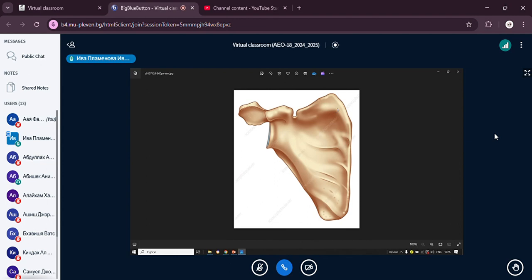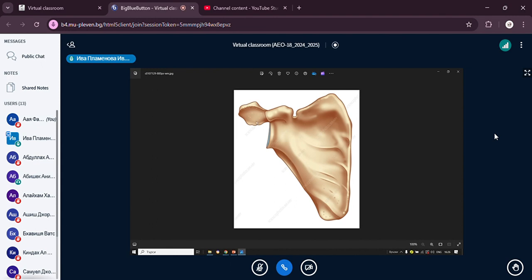On the lateral angle, we have the glenoid cavity, or fossa glenoidalis, or cavitas glenoidalis. Above it, we have one tubercle, tuberculum supraglenoidale. Below the cavity, we have the other tubercle, tuberculum infraglenoidale.